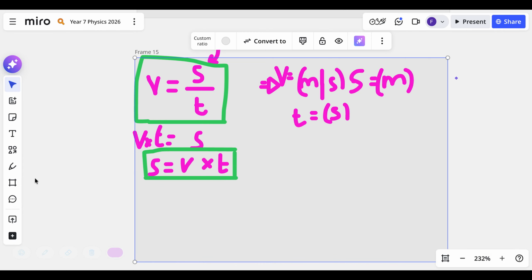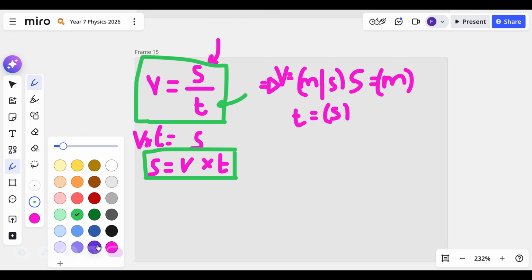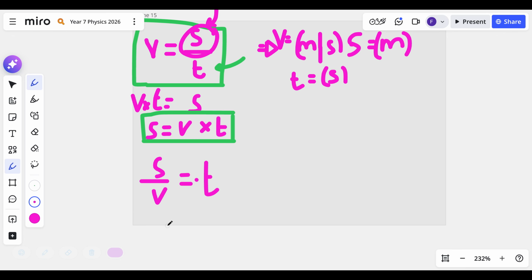And then, what happens if you want to work out time? Well, there's a very cheeky way of rearranging this. There's a long way, but I'm going to show a short way. You take S over and slide it over to give you T equals S over V. And we can write that the other way around.